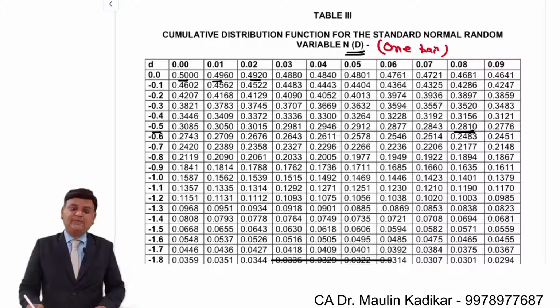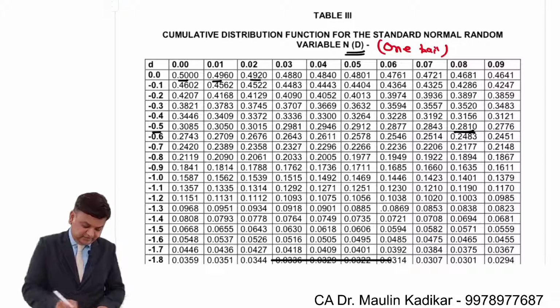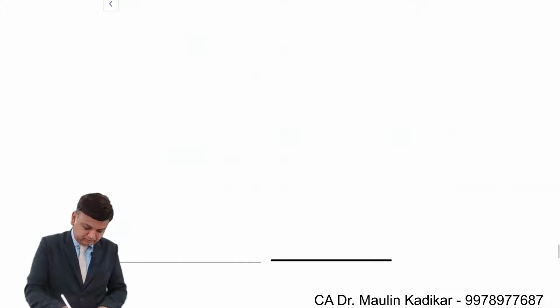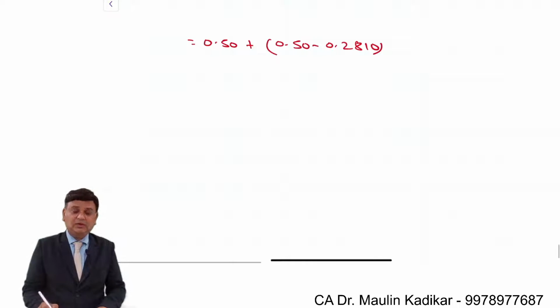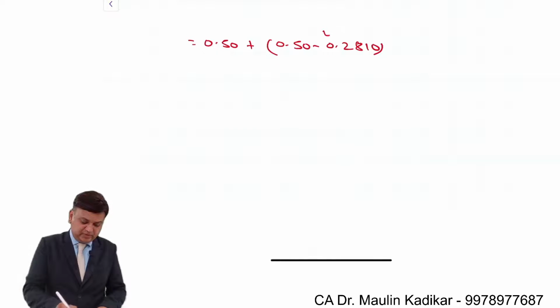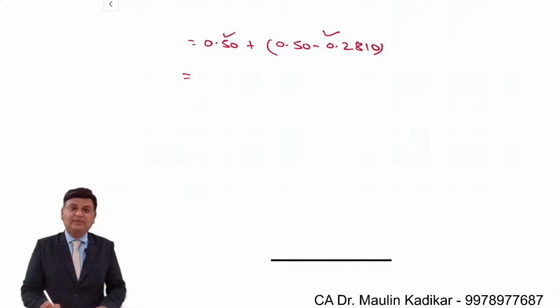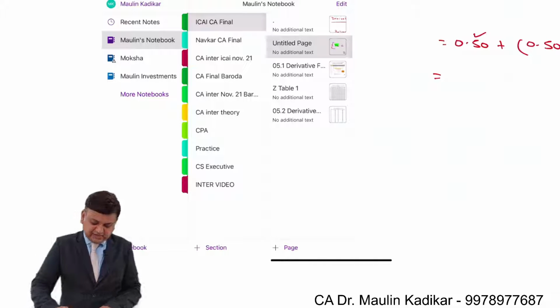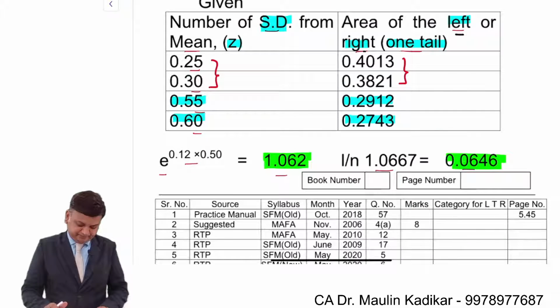In this case, you have to deduct that reading from 0.5 and it will be added to 0.5. So it is 0.5 plus 0.5 minus 0.2810. So this is going to be added to 0.5 for the purpose of calculating the final answer. This is the way the table may be provided to us.